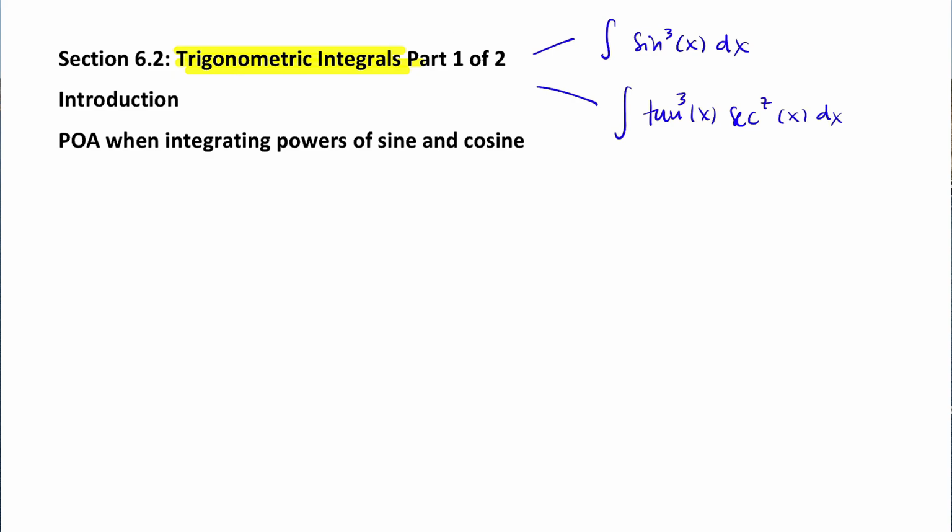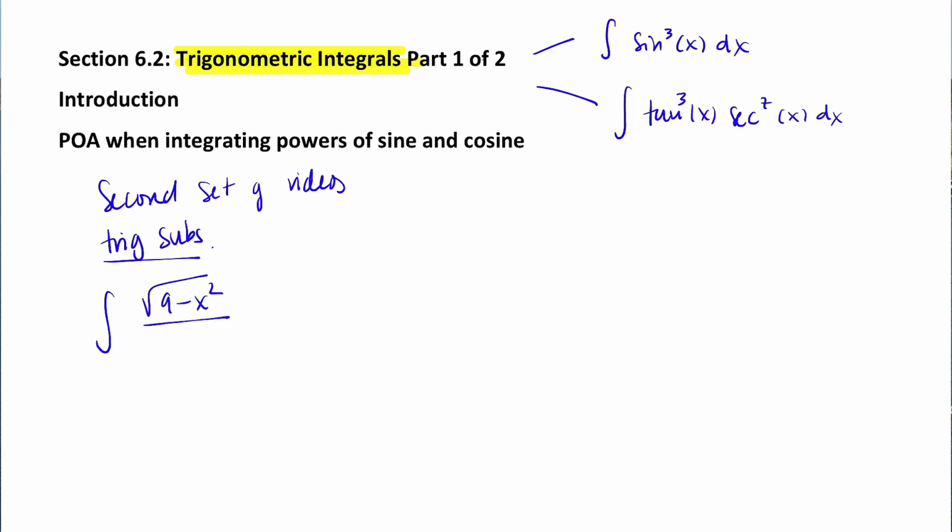And then there will be a second set of videos involving trig substitution. By that I mean we're going to deal with integrals that have no trig function, something like the integral of root of 9 minus x squared divided by x dx.